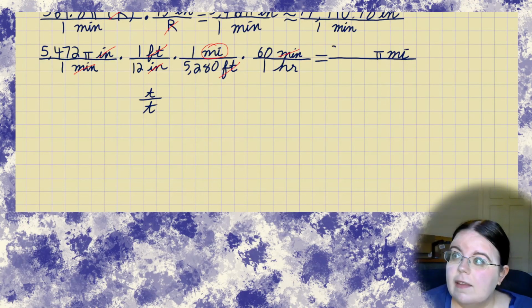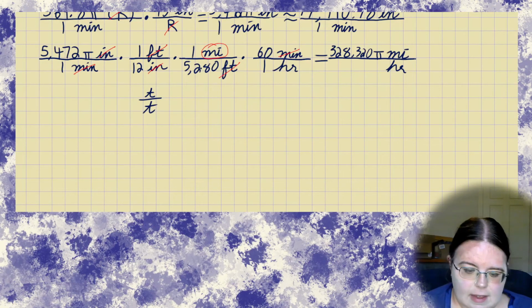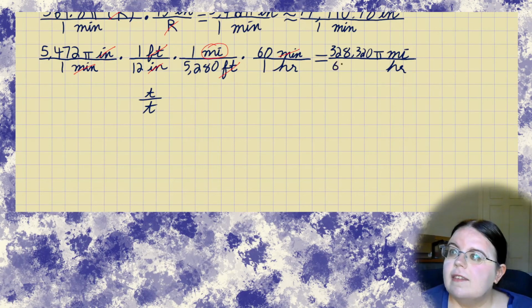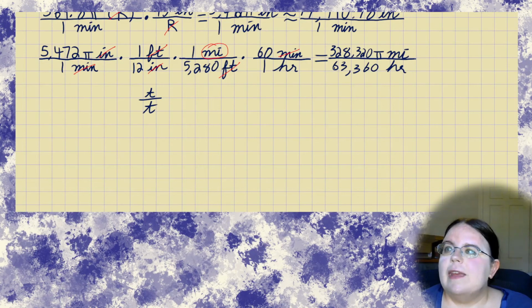And that is 328,320. And then in the denominator, I see we're in hours. And that number of hours will be whatever 12 times 5,280 is, which is 63,360 hours.